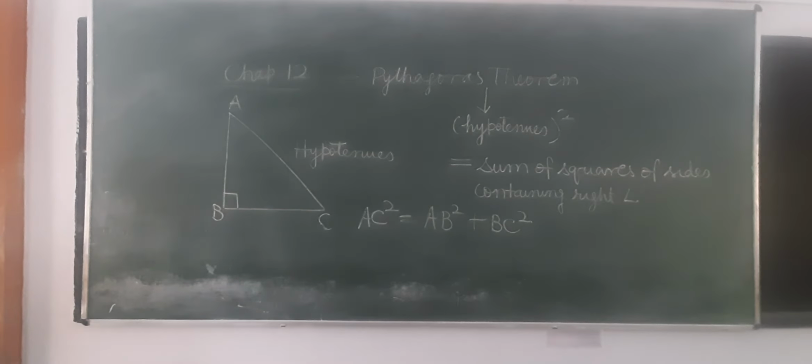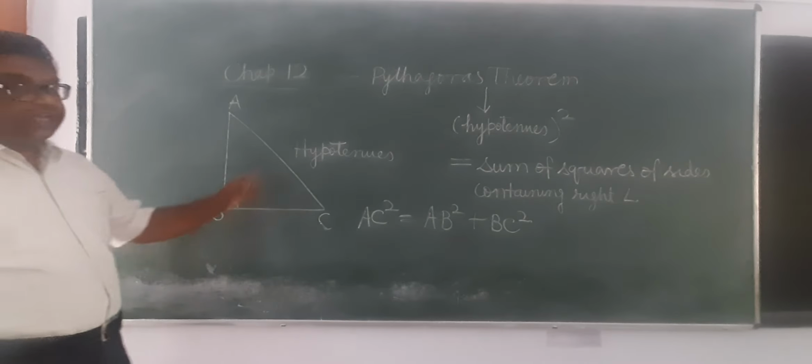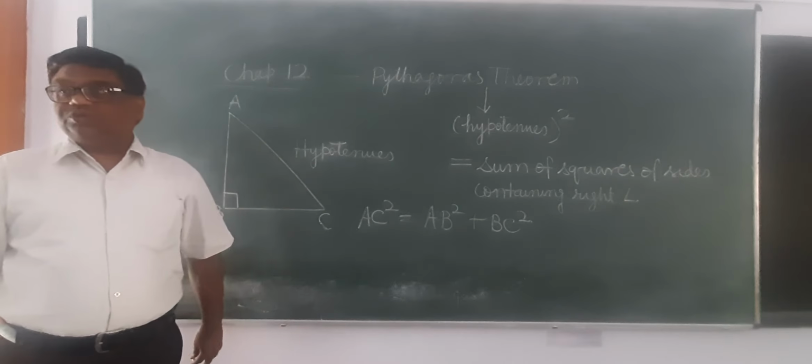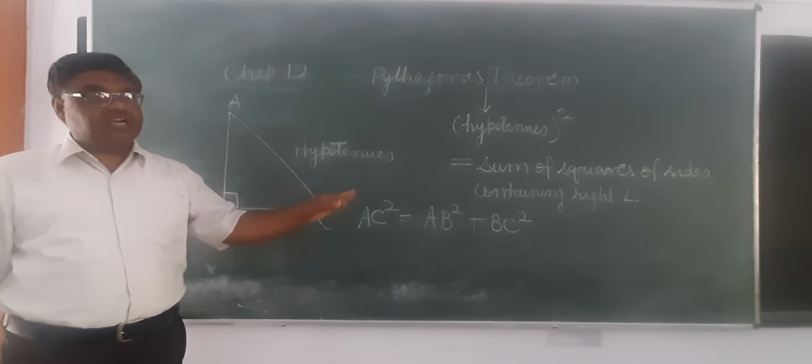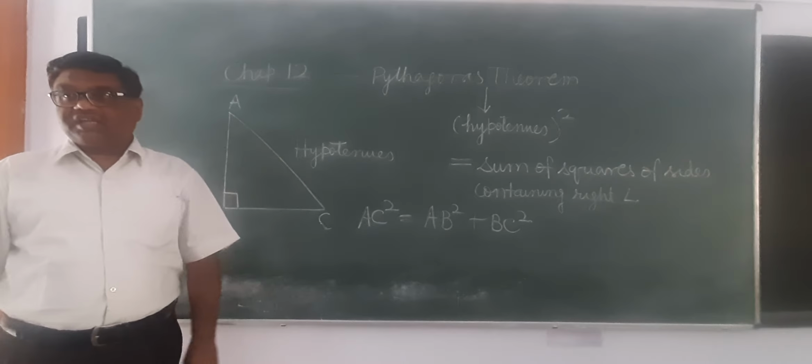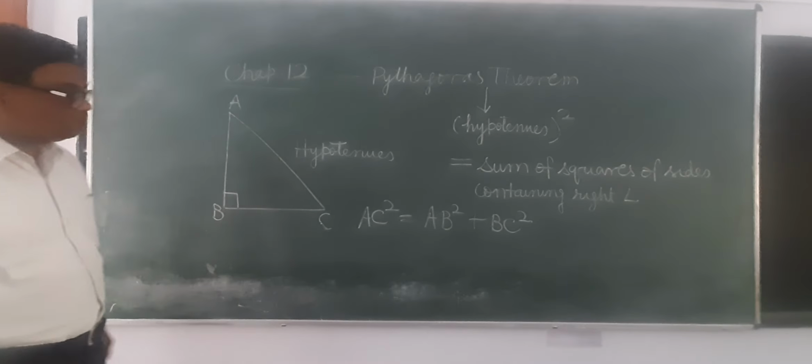You make the diagram and write down. So in the right angle triangle, square of hypotenuse is equal to the sum of the squares of sides containing the right angle. It's clear.